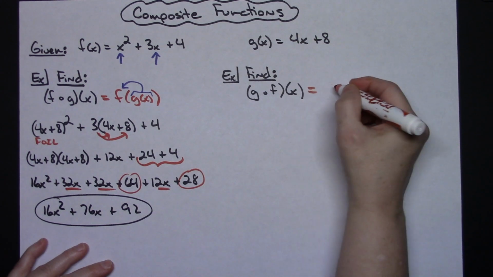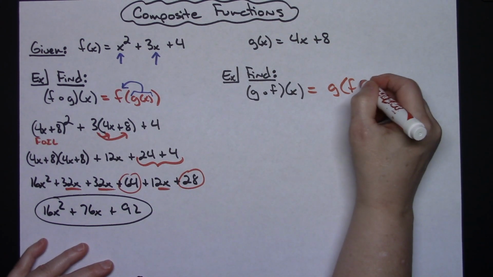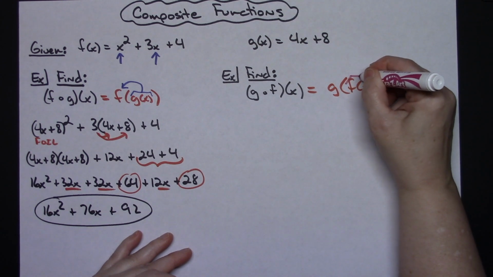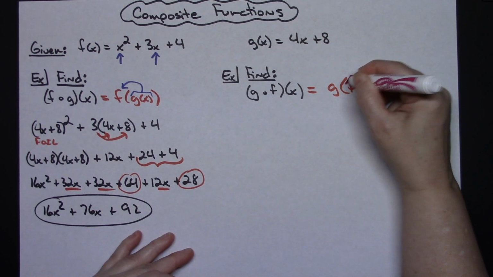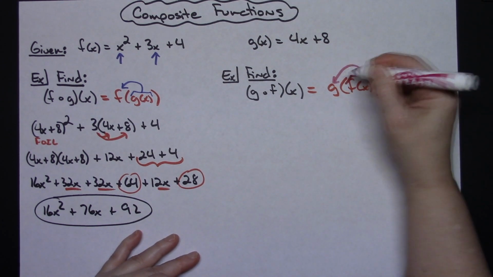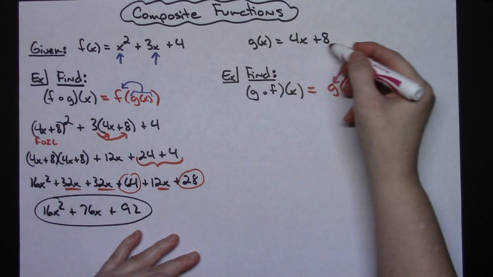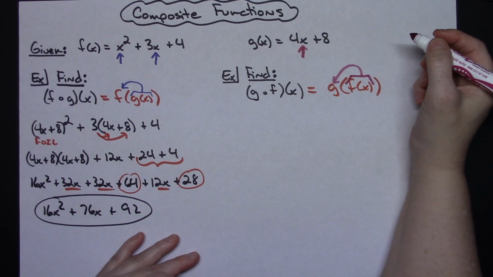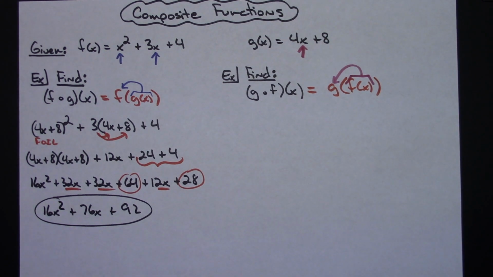I'm going to rewrite this as g of f of x. Hopefully that lets us look at this and say, oh hey, that f function needs to be placed into the g function. When I look at my g function, I only have one place to put it in. So this one probably is going to be a lot simpler than the one over here.